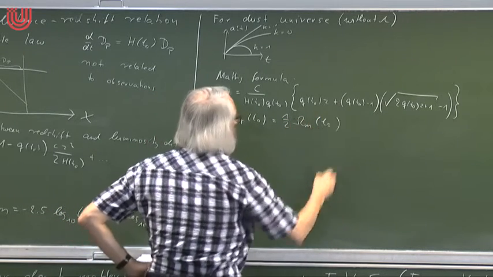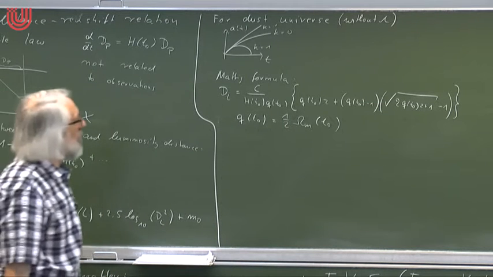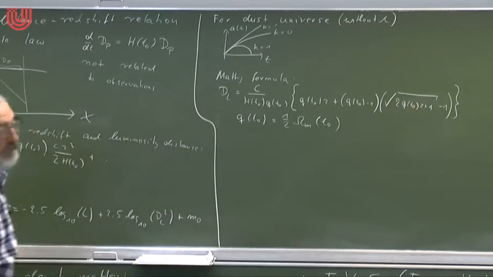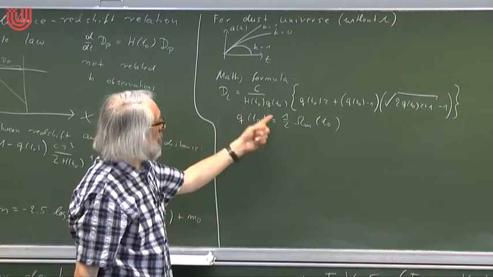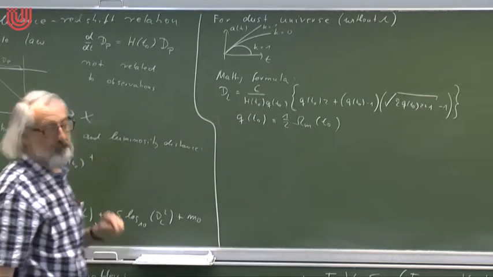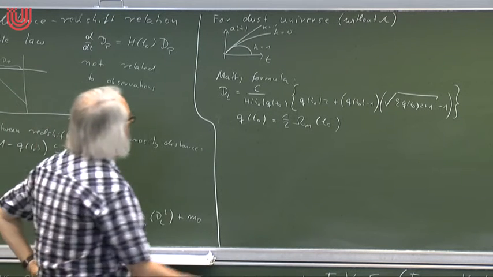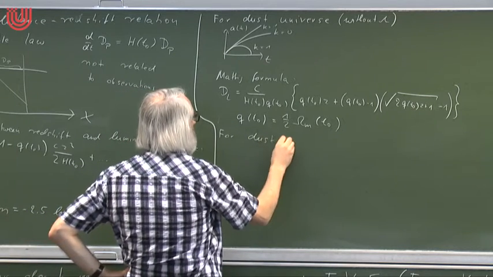We have done this on one of the worksheets. So you can replace the q of t0 by the omega m if you like. If you try to match this formula to observation, and if it works, then it tells you not only the value of h and of q, but also the value of omega m. If you do this for a dust universe, that's a very nice and very concise situation. It's not so nice for dust with cosmological constant.